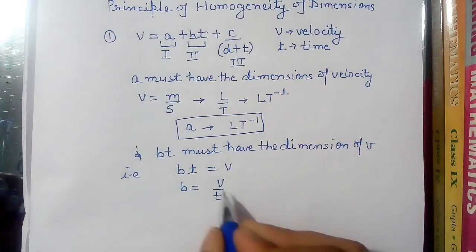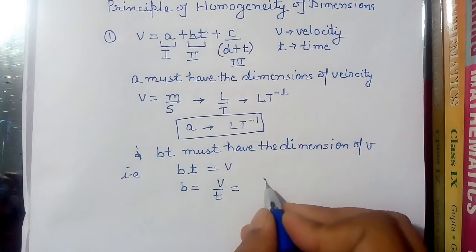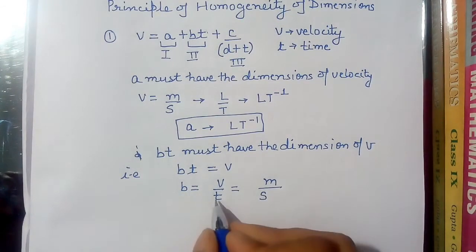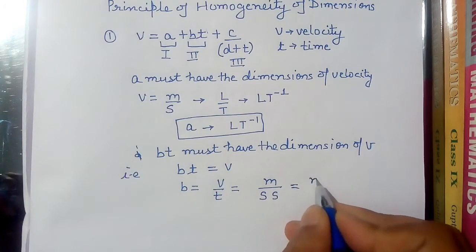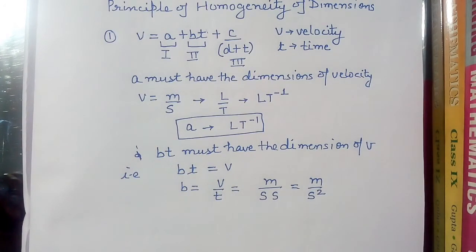Now I am going to write the units. The unit of velocity is meter per second, and for time again we have second. So this is m upon s square. Now we have changed it into fundamental units.